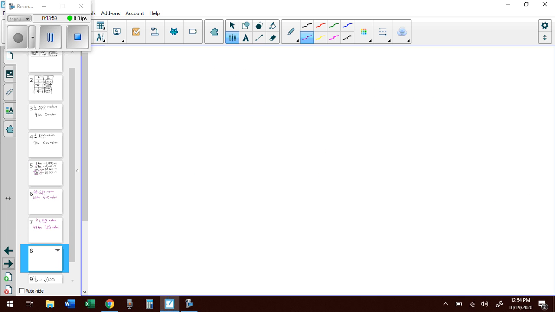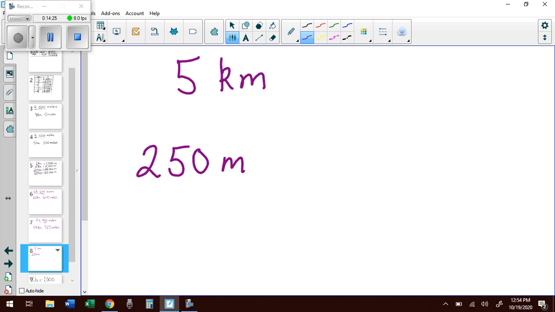Now, what if we're going to even unravel it more? Who knows, huh? If I had 5 kilometers and 250 meters, and I wanted to combine them, I wanted to add them together, how would I do that?